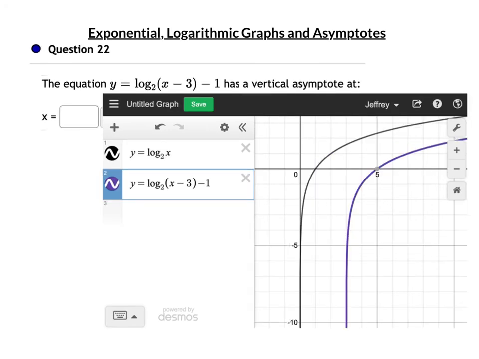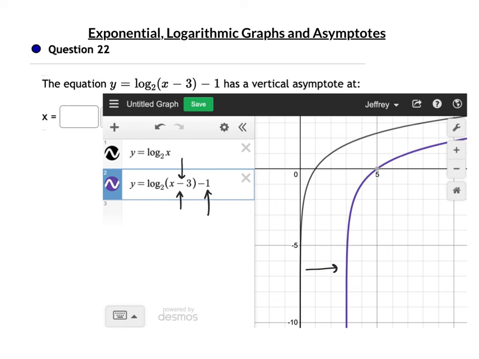In question 22, our parent function is log base 2 of x. Look at the transformations that were performed. We have a horizontal transformation, and that, remember, is the inverse. So -3 actually moves it to the right 3. Here we have a vertical transformation.